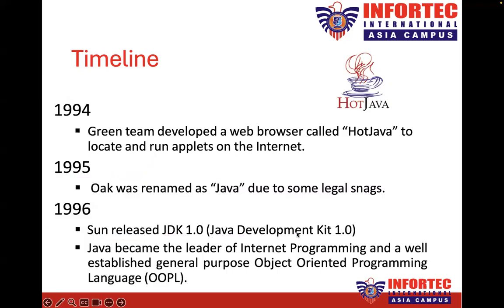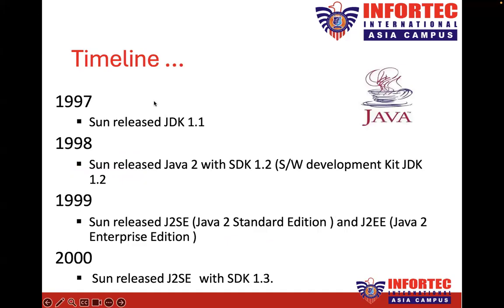In 1996 they called it JDK 1.0. And then in 1997, they introduced JDK 1.1. Like that, they have done experiments and each year they have introduced new versions.